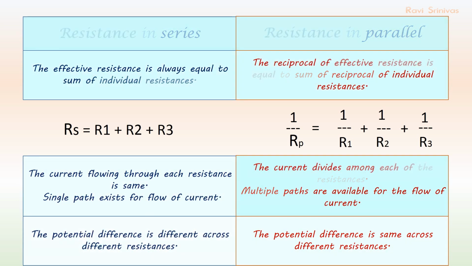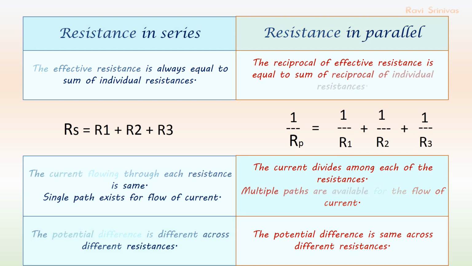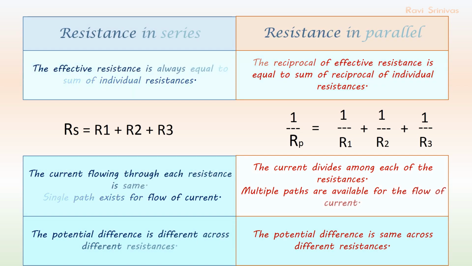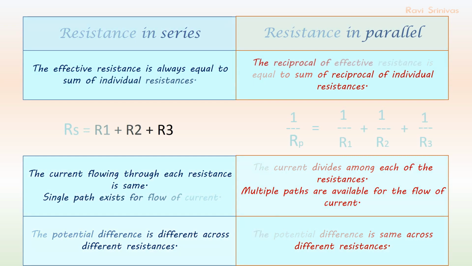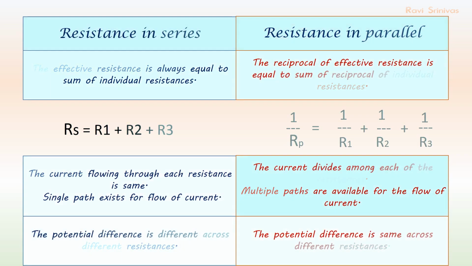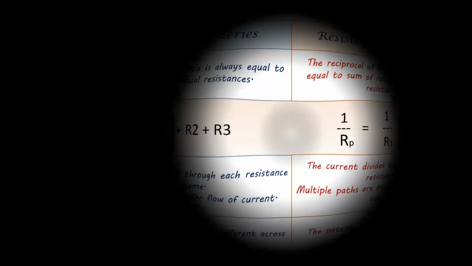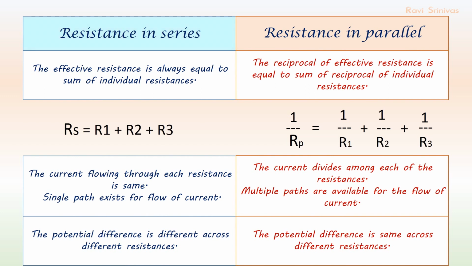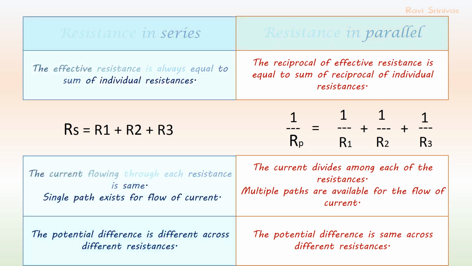In series, the current flowing through each resistance is same. Single path exists for the flow of current. In parallel, the current divides among each of the resistances and multiple paths are available for the flow of current.